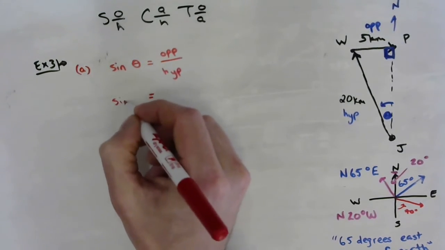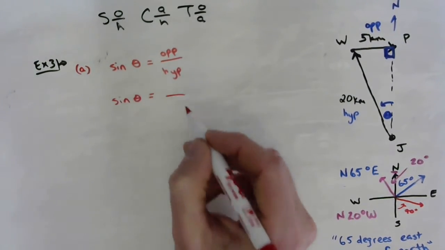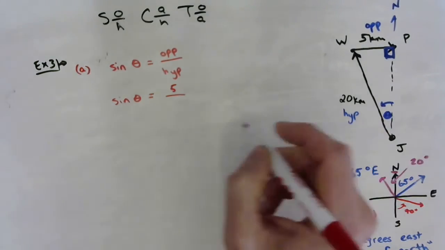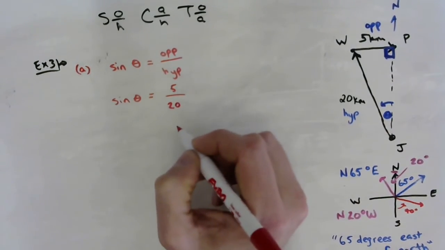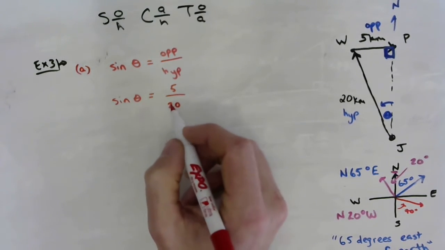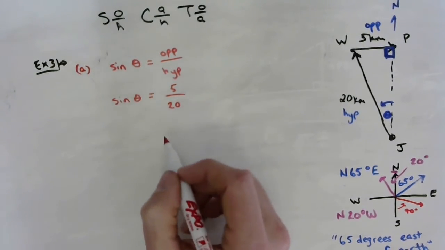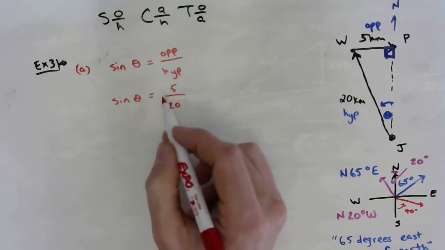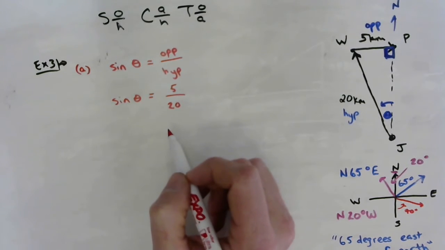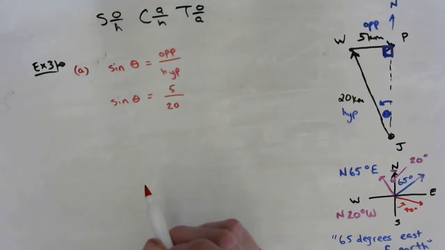The sine of theta is equal to 5 over 20. Okay? Now, I could put this in my calculator and figure out that 5 over 20 is 0.25. Okay, it's 1/4.